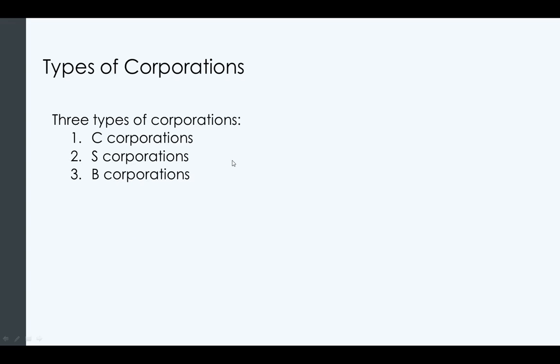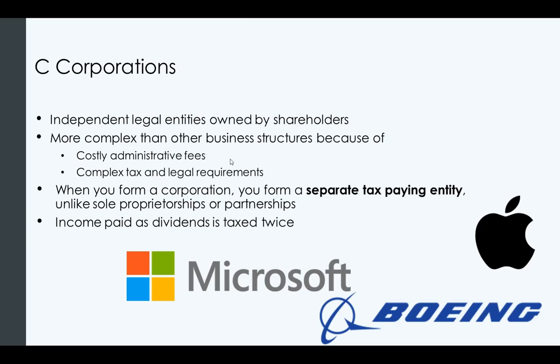There are three types of corporations: C corporations, S corporations, and B corporations. C corporations are independent legal entities owned by shareholders or stockholders. They're more complex than other business structures because in order to establish and operate them, they have their own administration fees. Bigger corporations have their own bureaucracy, just like a government, with paperwork and administrative personnel.